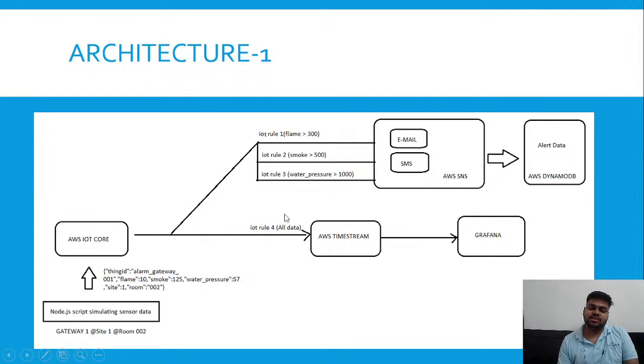For writing these rules, there is a thing in AWS called IoT SQL, so we need to write some SQL query to perform these threshold checks so that the AWS SNS service is triggered. Similarly, the exceeding data, the high values greater than 300, 500, and 1000 for flame, smoke, and water pressure, we are going to store in AWS DynamoDB.